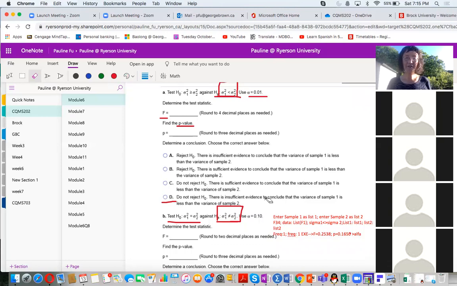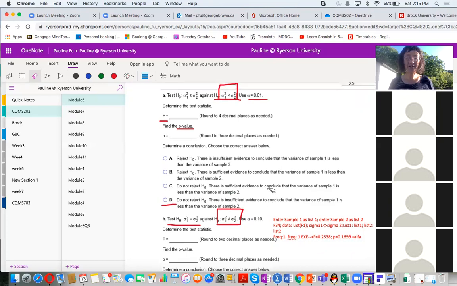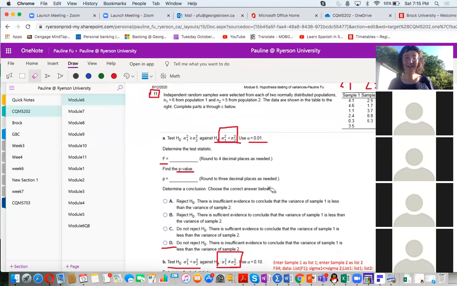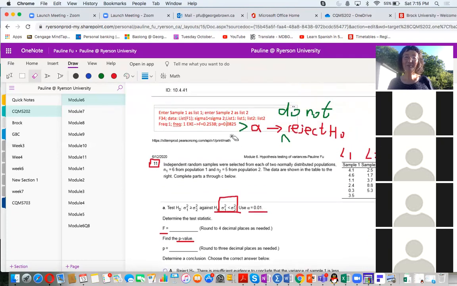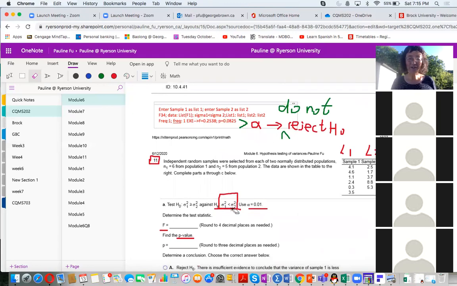Okay, any questions? Pay attention, okay? Anybody can make a mistake. See, big mistake, 0.08 is greater than alpha, not smaller. So this is the left tail test.